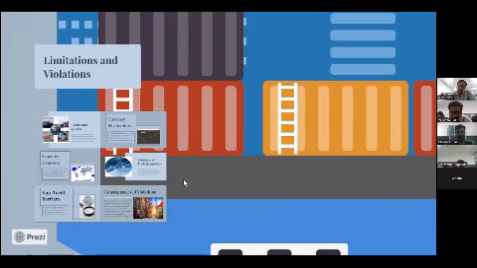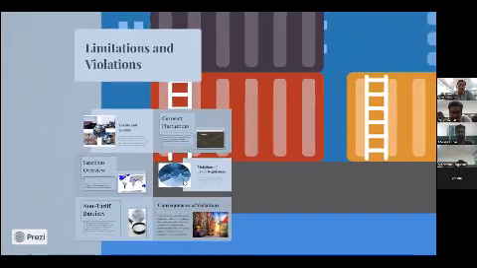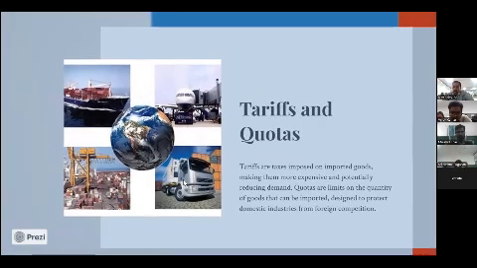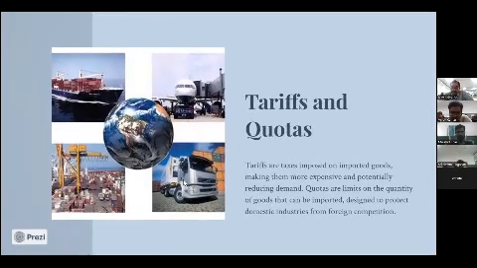Limitations and violations. What are limitations? Tariffs and codes. Tariffs are taxes imposed on imported goods, making them more expensive and potentially reducing demand. Suppose a product price has increased from 5 rupees to 10 rupees, definitely people will not be ready to purchase those goods because of the imposition.